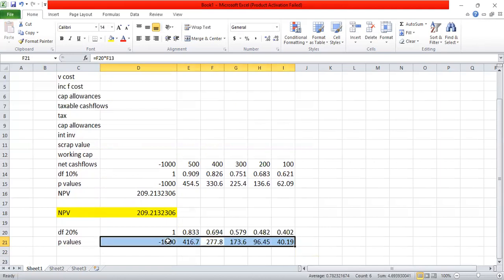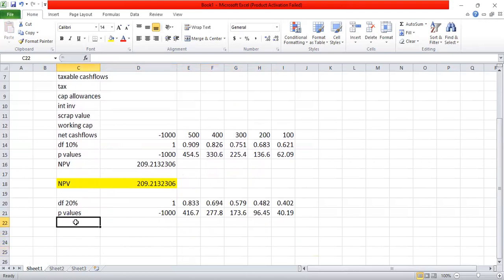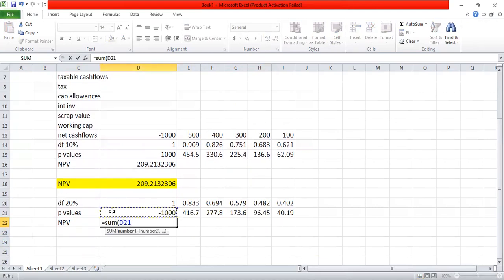Now to get the net present value, again apply the sum formula. The NPV is still coming as positive, guys. So it means again we have to increase the rate by more percentage. Again, this is a time consuming thing.